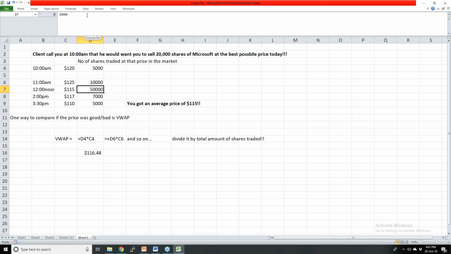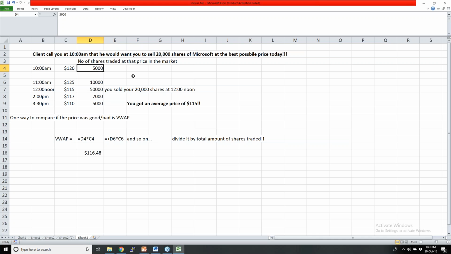And then you sold your 20,000 shares at 12 noon, right? Is this clear? All right. So this is how VWAP is calculated.